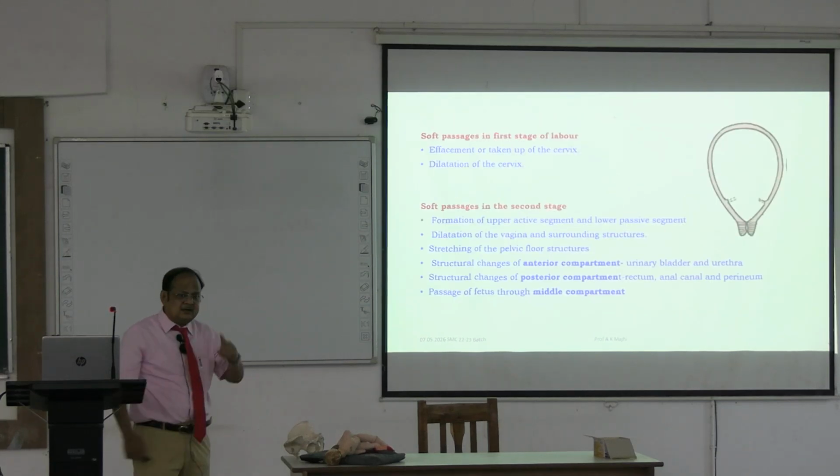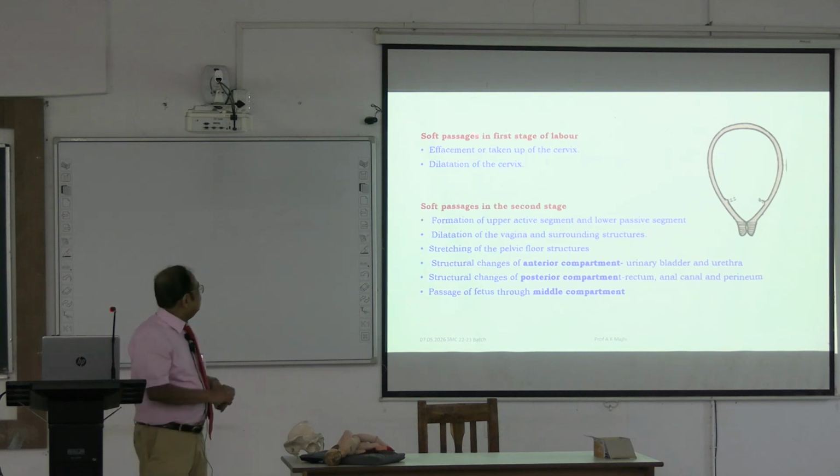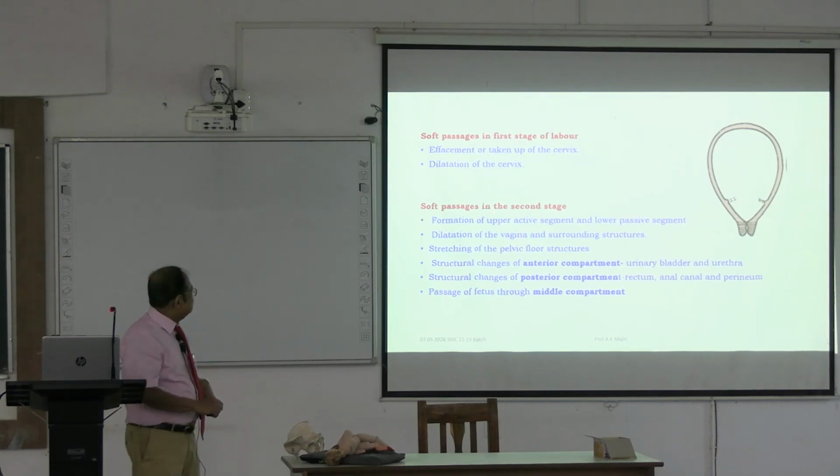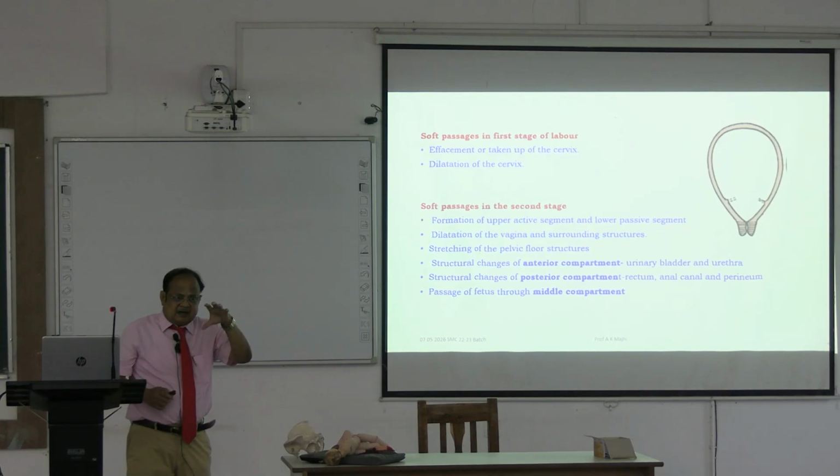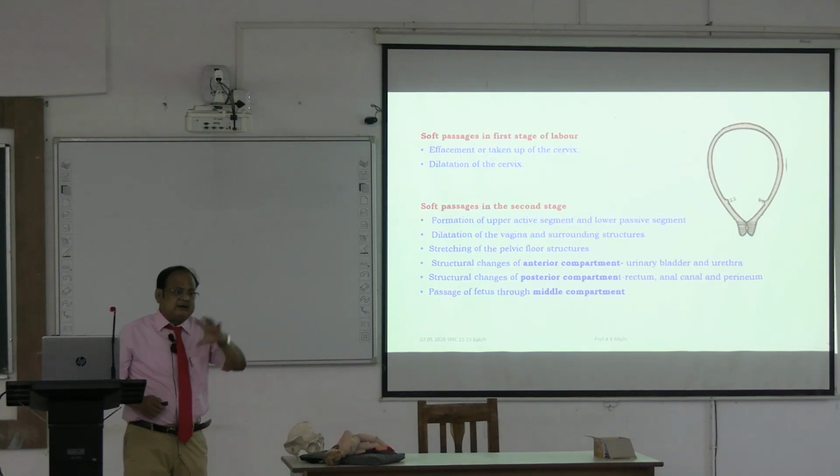As I have said, in the soft passage one is the effacement or taking up of the cervix, and second is the dilatation of the cervix. And in the second stage, there is formation of the upper active segment and the lower passive segment. The uterus has a lower uterine segment and an upper uterine segment.